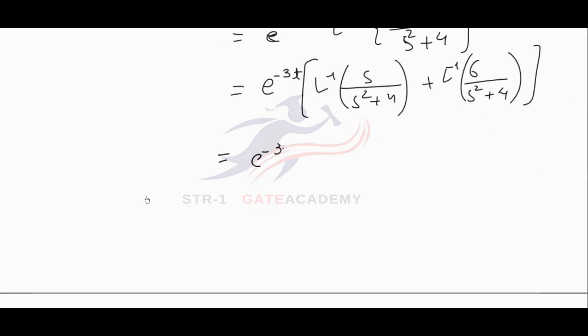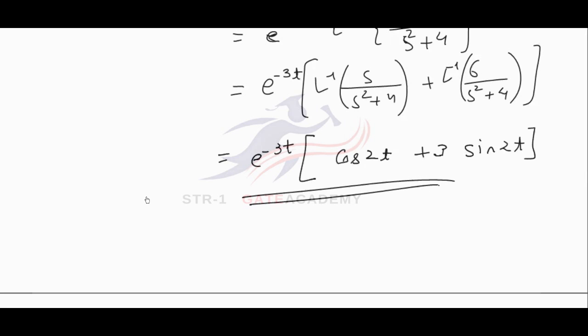It will become e raised to minus 3t into cos 2t. The first part is very simple. Plus 3 you can take common and you can say it is 3 sine 2t. So this will become your Laplace inverse. Clear? So this is how we can actually solve the questions based on Laplace fundamentals.